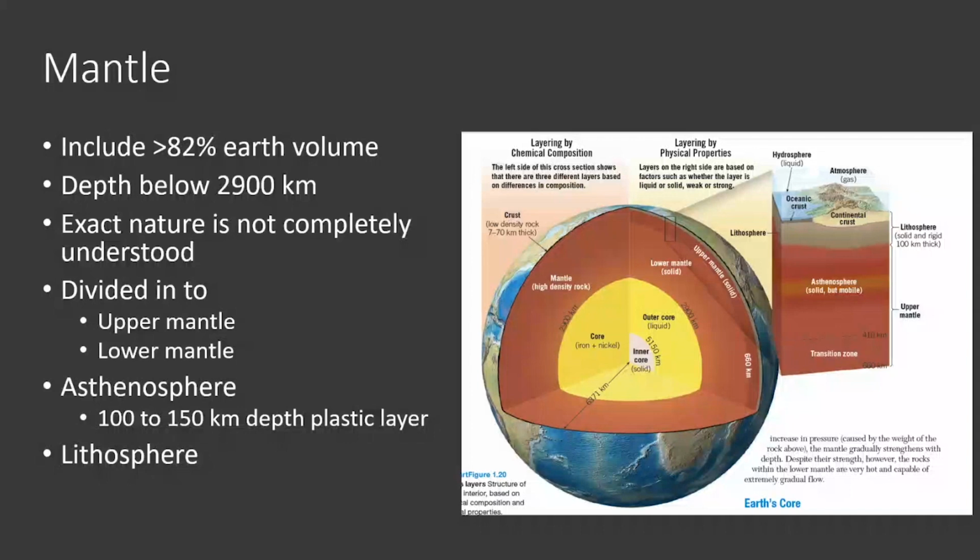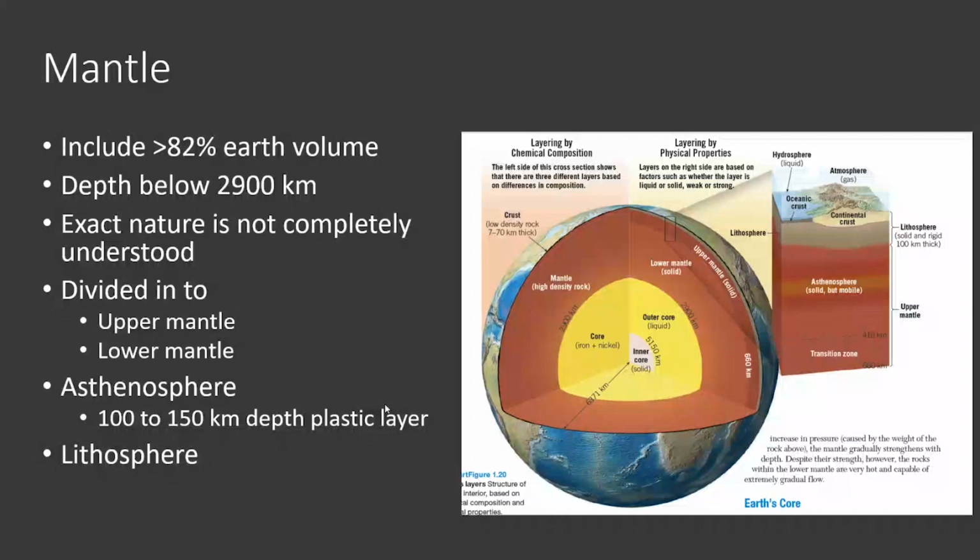So this is divided into two parts. We are really not very much aware of the exact characteristics of this mantle. Research is still going on, but we have a general idea of how the mantle behaves, what its chemical composition is, and what its general characteristics are. And we have discussed the asthenosphere.